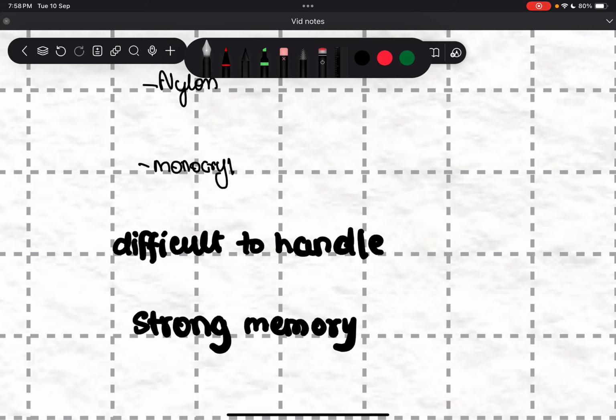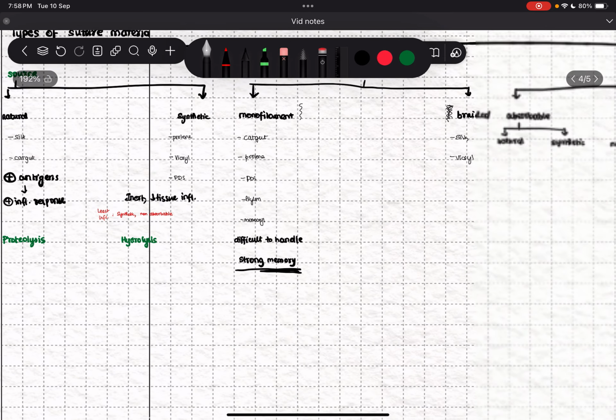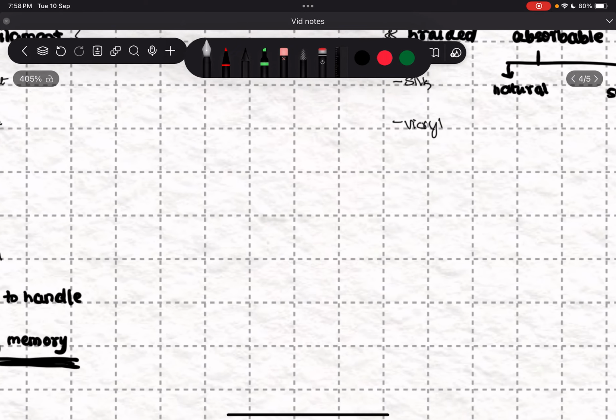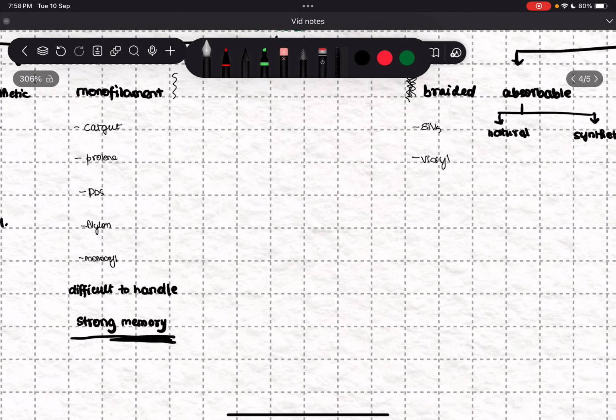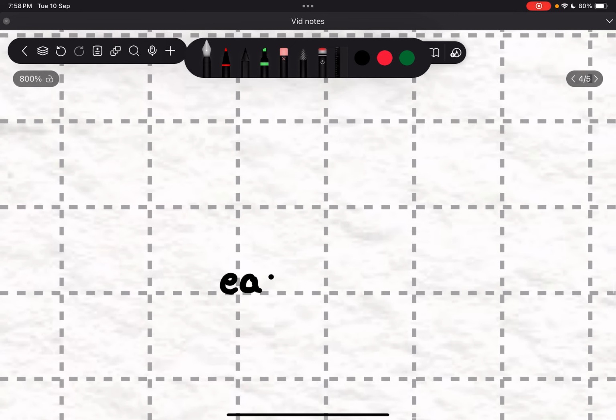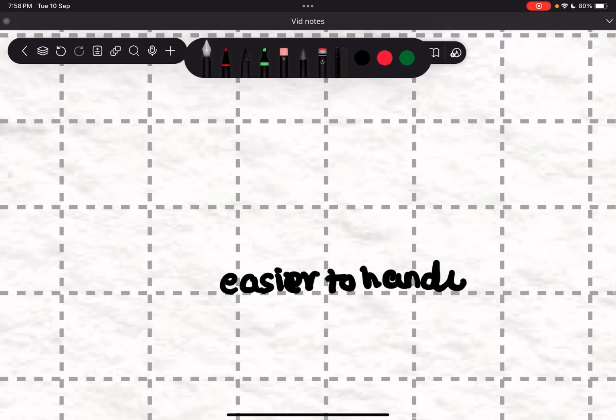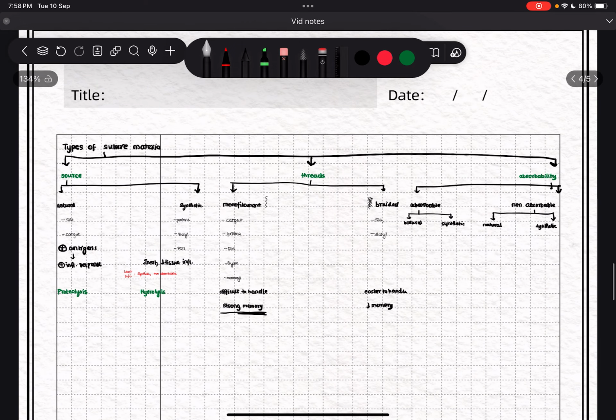Memory is the tendency of a suture material to coil up into the way how it was packaged. Braided is easier to handle, and has less memory.